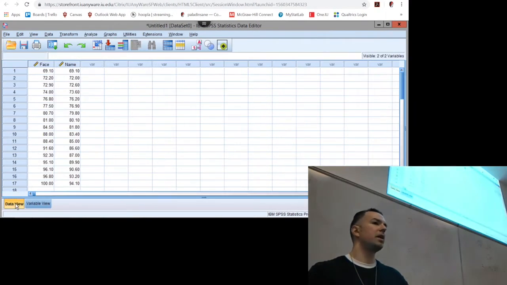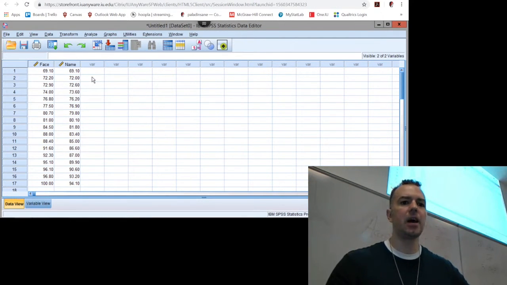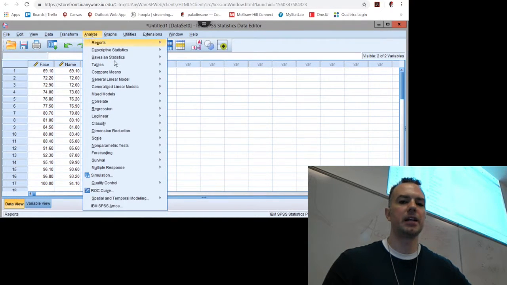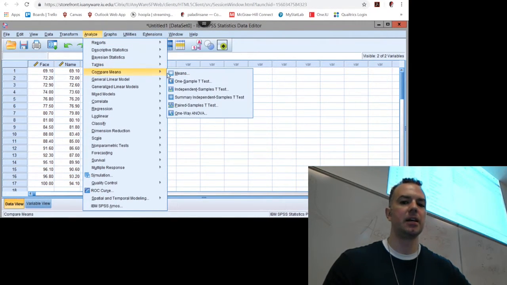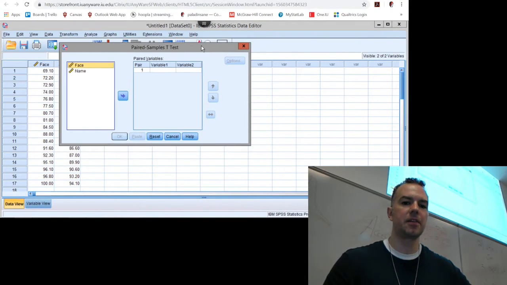So now we got our face scores, and we have our name scores, and now we are ready to do our analysis. So we go to Analyze, Compare Means. We decided it's a dependent means t-test based on the description, so we're doing a paired samples t-test. That's what SPSS calls the dependent t-test. And we are going to pop in faces as variable number 1.